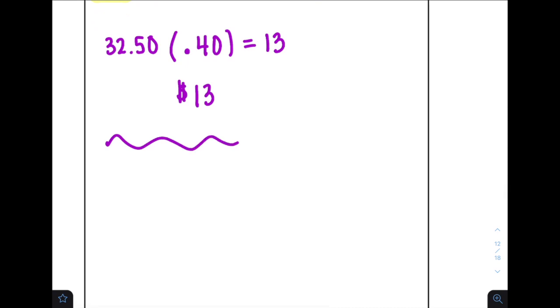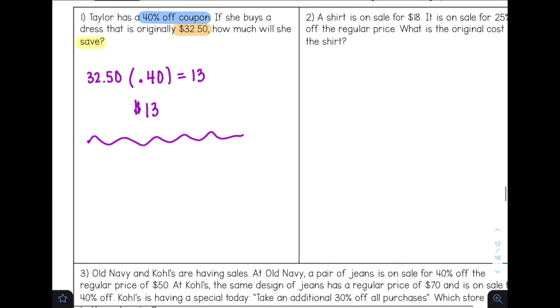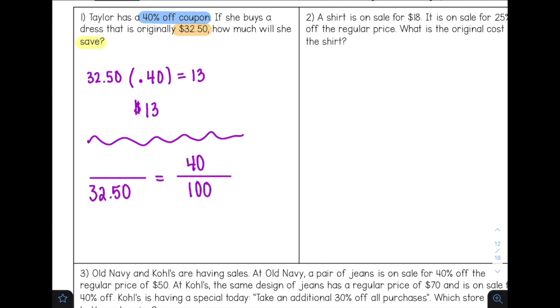If you use a proportion, you're going to say, here's my 2 fractions, 100%. What's 40% of my $32.50? You can scale up, scale down, cross multiply.